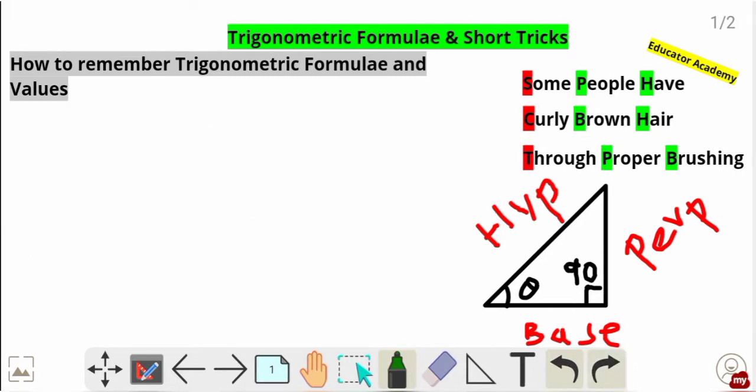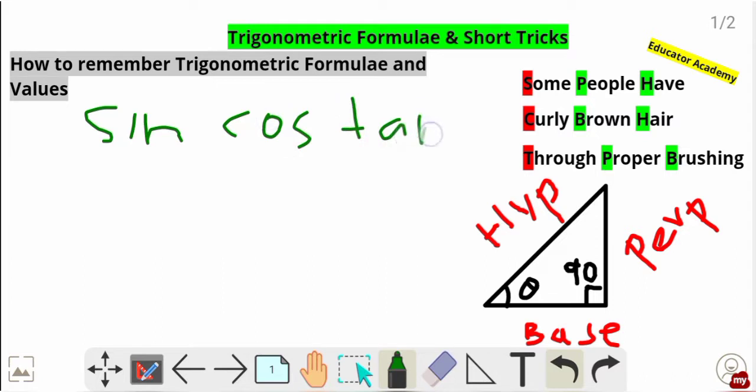As we know, sine, cos, tan are trigonometric values. Now the question is how to remember these trigonometric values by relating them to the figure. Don't worry, we have a simple formula: some people have curly brown hair through proper bushing.